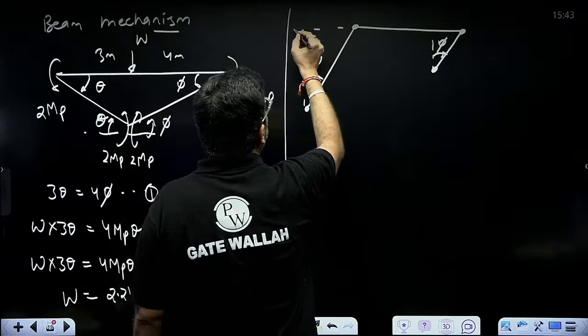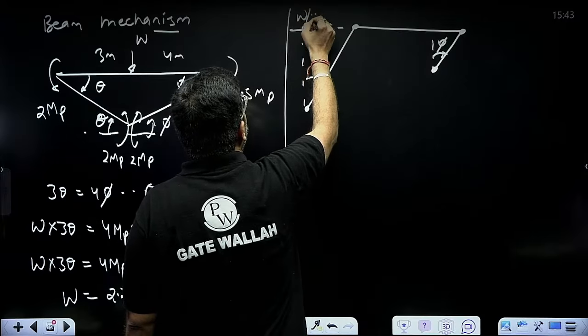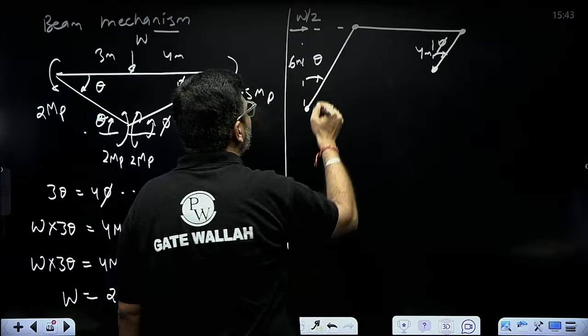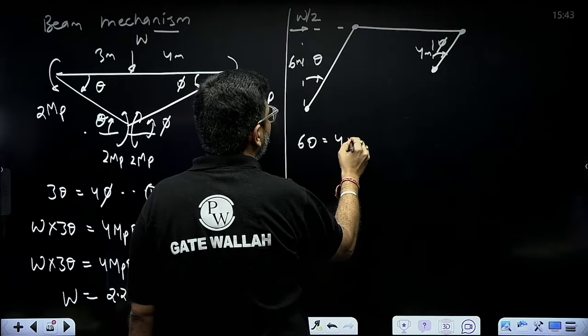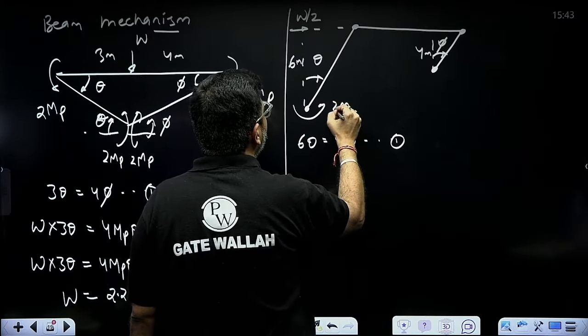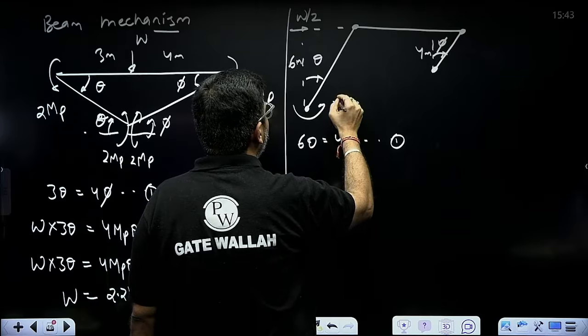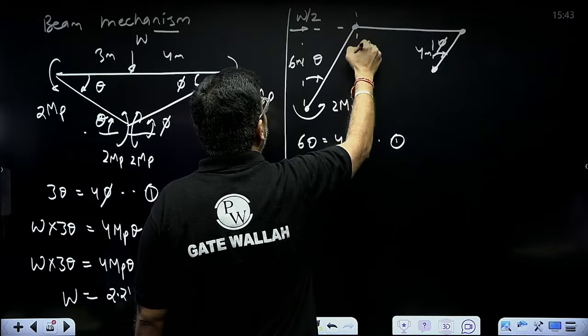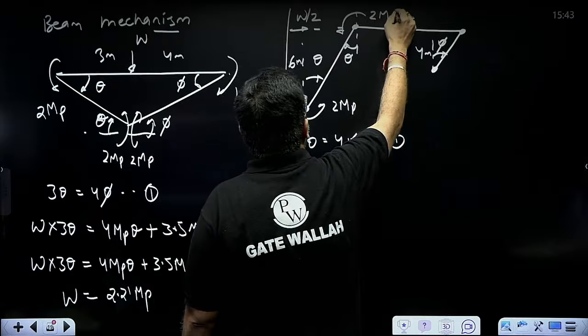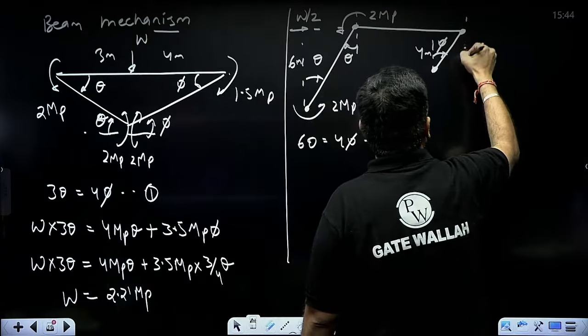This is W by 2, 6 and 4 meters. So 6 theta is equal to 4 phi, equation number 1. Here it is 2 MP, theta 2 MP, and here it is 1.5 MP.